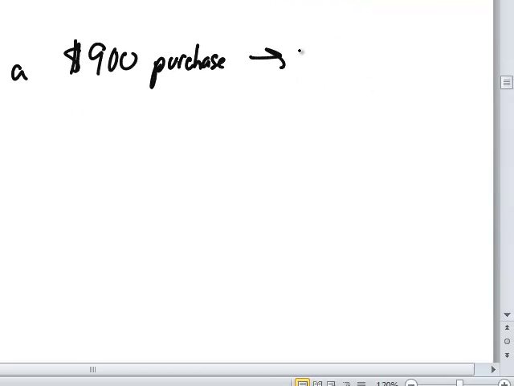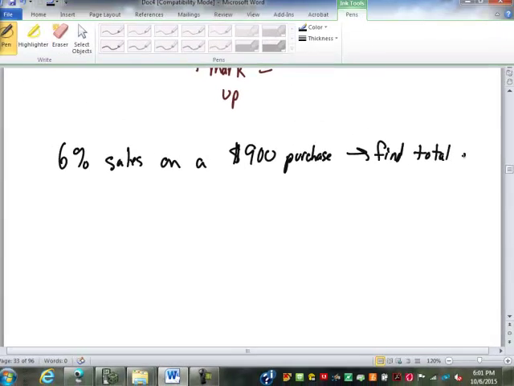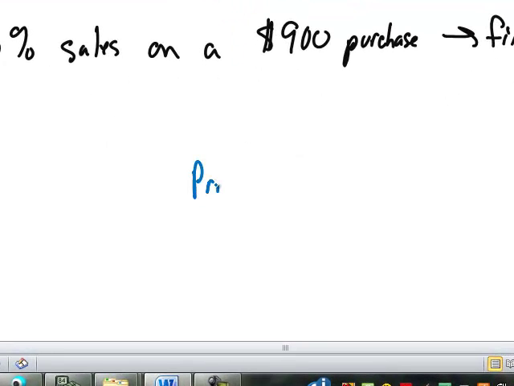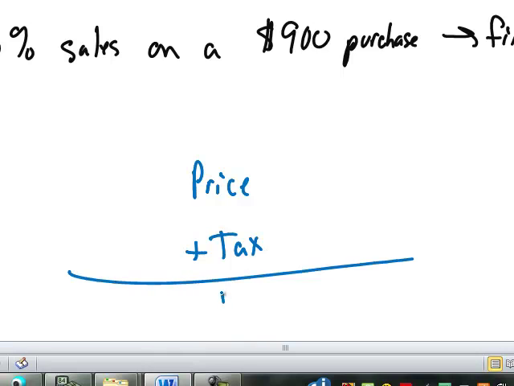And we wanted to find the total price, the total cost. Well, we set up a table where we had the original price, and to that we would add the tax, and that would give us the total.